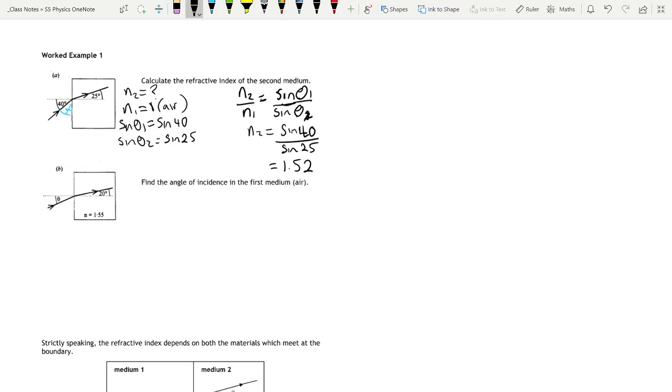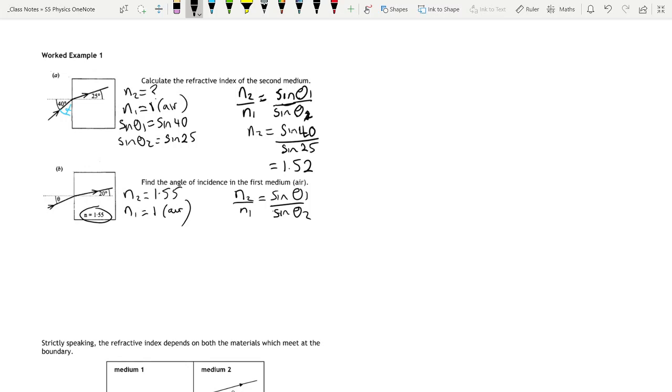Okay, so hopefully you've had a go at this. Part B: find the angle of incidence in the first medium, so in air. Again, we're going to use this equation, n2 over n1 is sine theta 1 over sine theta 2. n2 is the refractive index of the second medium, which we're told in the diagram is 1.55. n1, again, is just 1 because it's air.